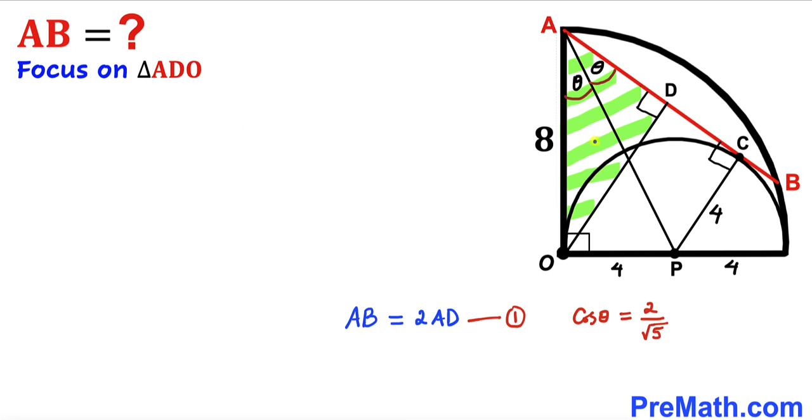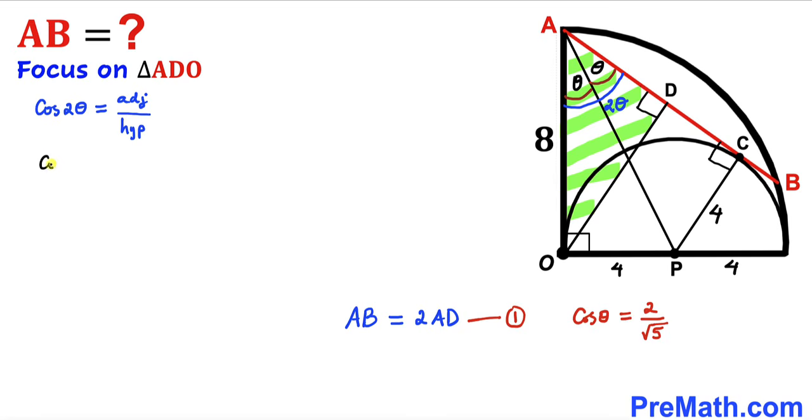And now let's focus on this right triangle ADO. We can see that this whole angle OAD is theta plus theta, which gives us 2 times theta. So therefore cosine of this angle 2 theta is going to be equal to adjacent side divided by hypotenuse. In our case, our hypotenuse is 8 and our adjacent side is AD.